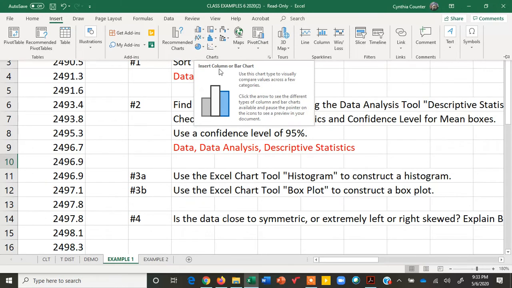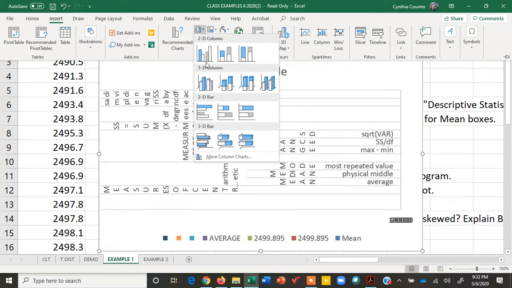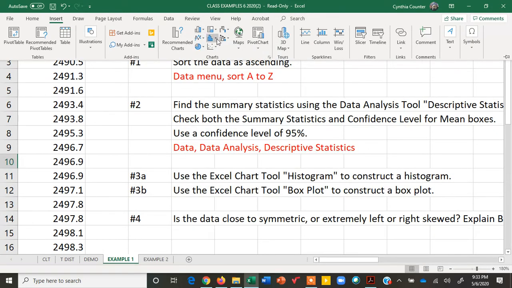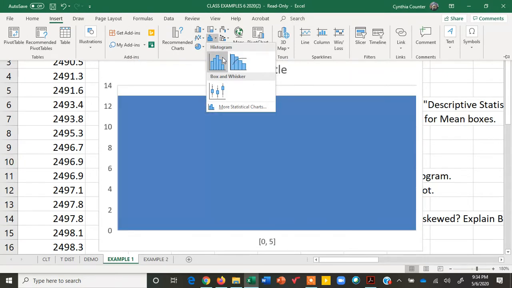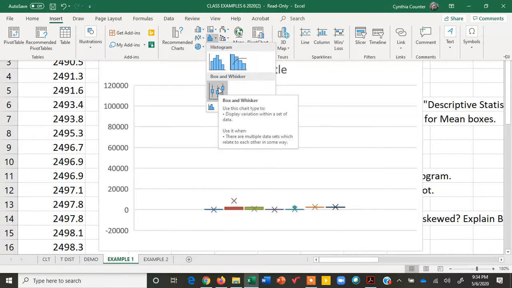If you see my other videos, I've used this one before to make probability histograms where we have a column chart. We even used it for vertical bar charts, and there are the horizontal bar charts there. But on this one, where we have our statistical charts, it will create a histogram for you without your having to define all the classes that I show in some other videos I made longer ago, and your box plots too.